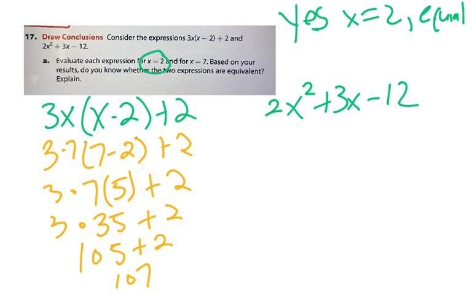Bring down my plus 2. I get 107. Over here, it's going to become 2 times 7 squared plus 3 times 7 minus 12.